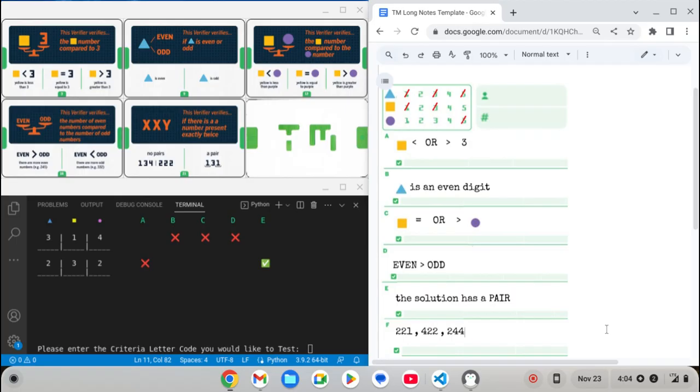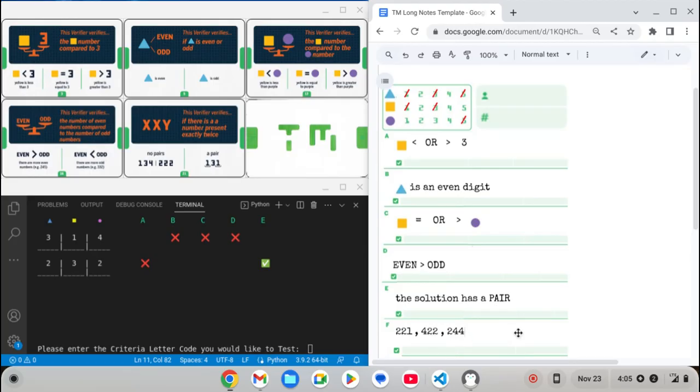So are there any ambiguous solutions here? Well, both 2, 2, 1 and 4, 2, 2 have a square value that's less than 3, but there is a way to distinguish them, and that's that square and circle are either equal or not. Whereas for criteria card F, they are equal, but what distinguishes them is the value of square.